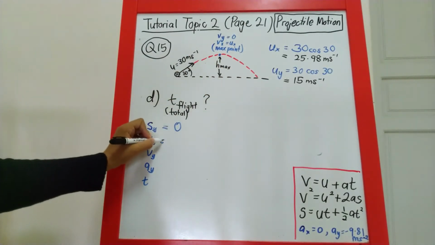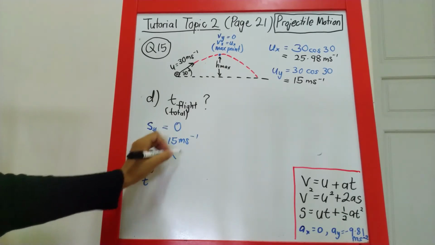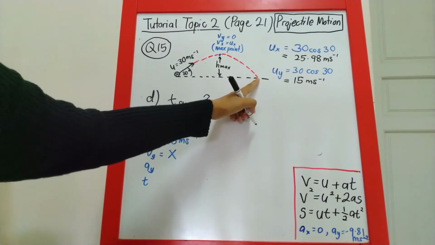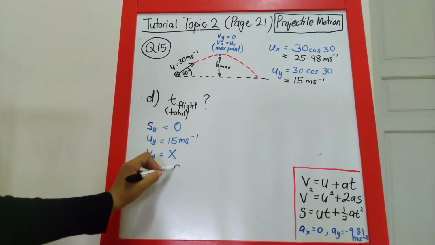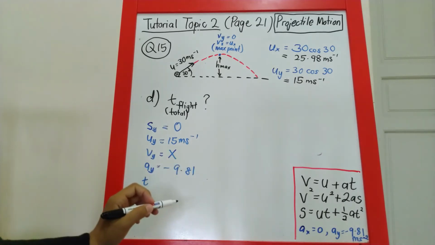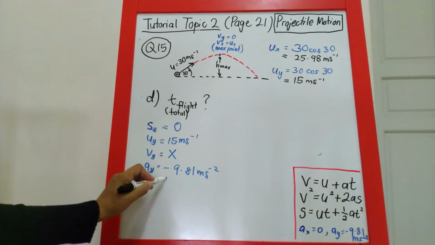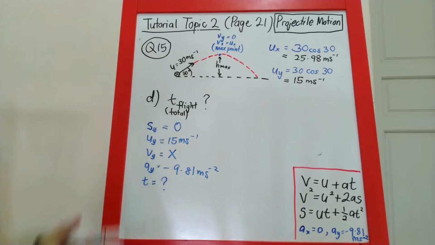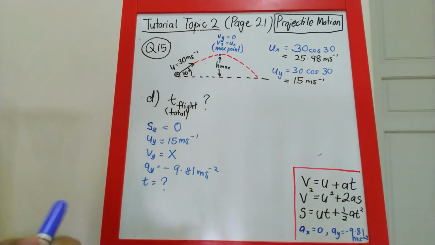Uy is 15. Vy, you don't have any information regarding V here. So Ay equals negative 9.81. Which equation do you think is the most suitable? The one without V, the third one.